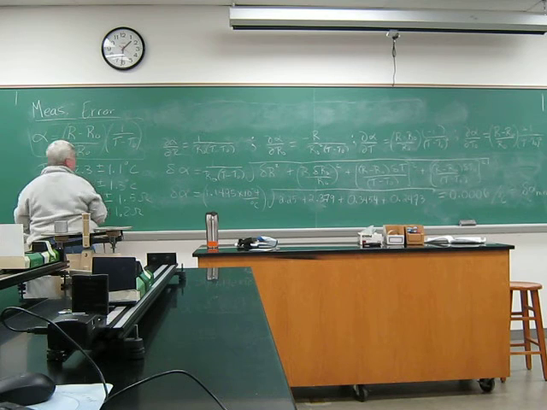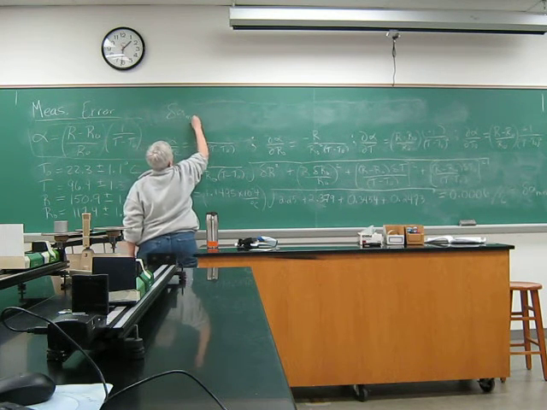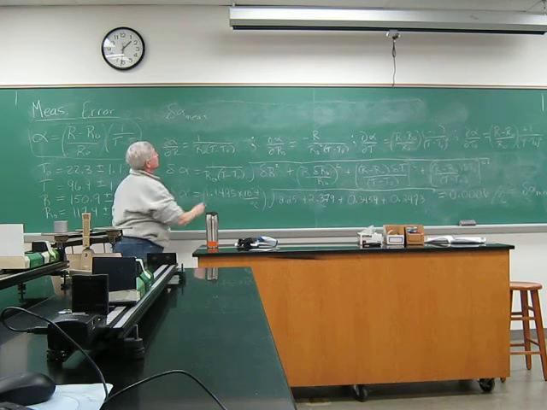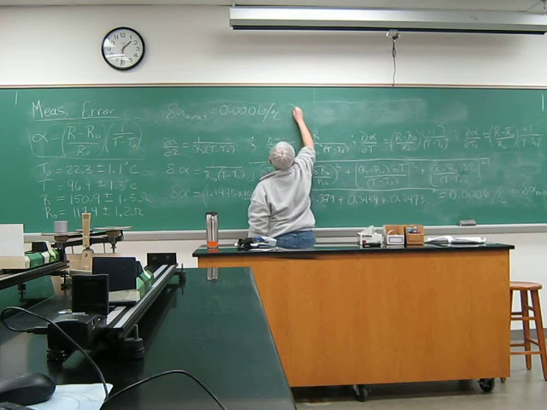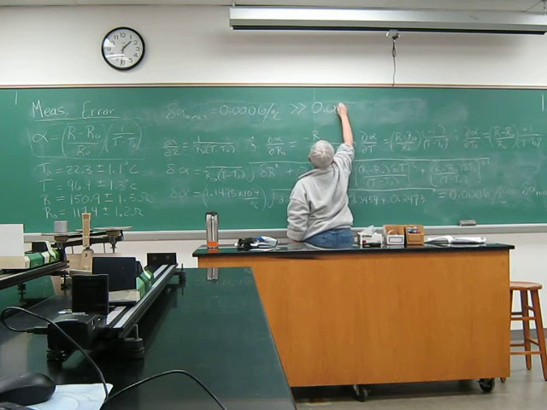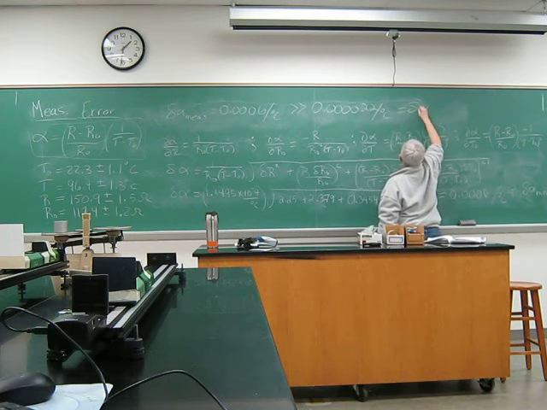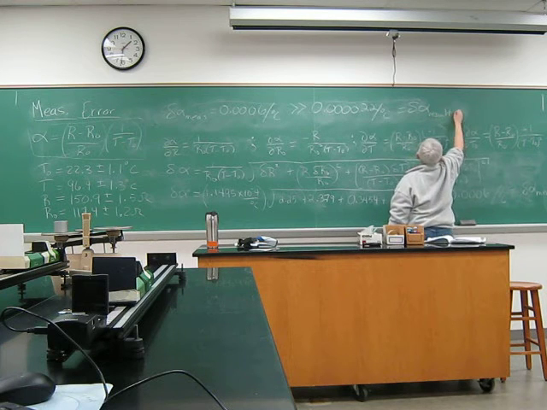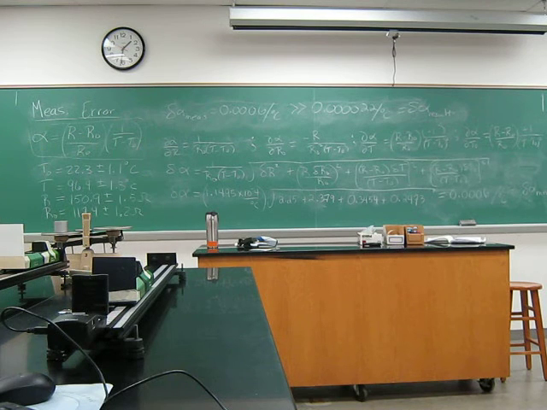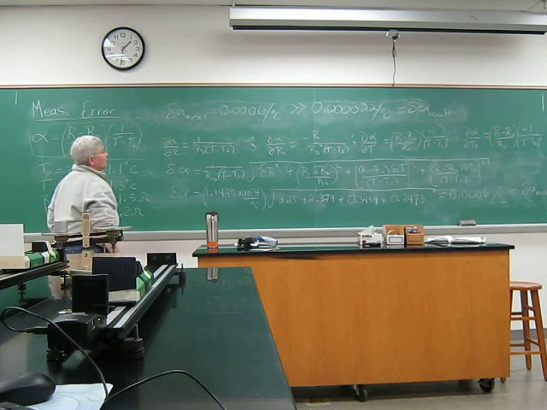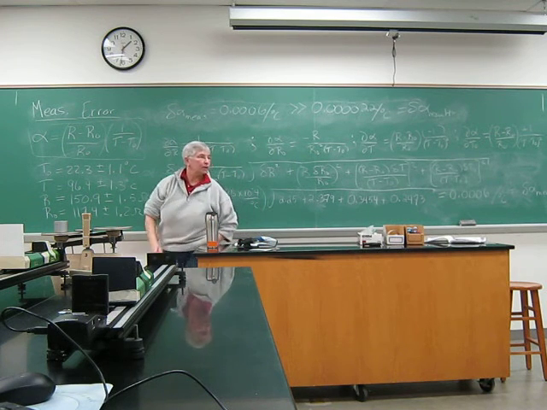So now you've got the uncertainty from your measurements. Okay? So now we can see that the uncertainty in the measurements is about 30 times greater than the uncertainty in your results.